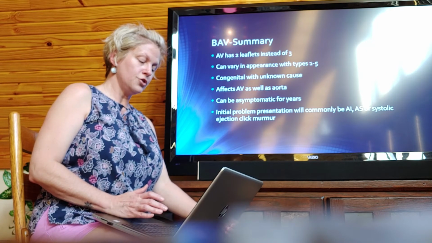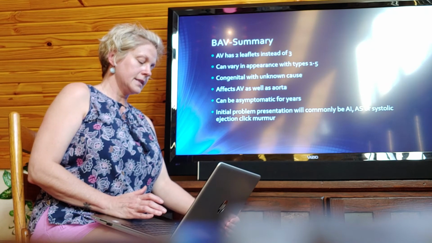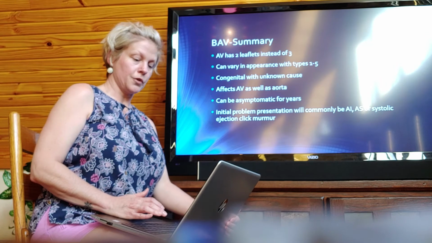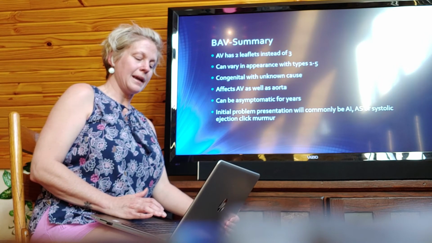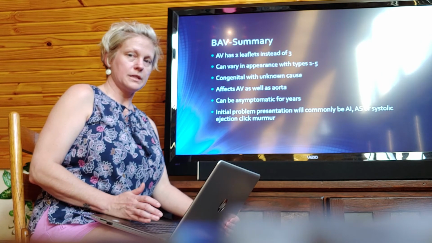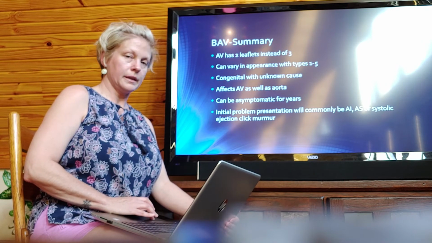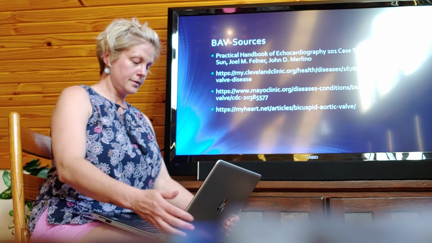It's congenital with an unknown cause. Specifically, it affects the valve as well as the aorta, and can be asymptomatic for years. An initial presentation will commonly be aortic regurgitation or insufficiency, aortic stenosis, or a systolic ejection click murmur. There's my sources.